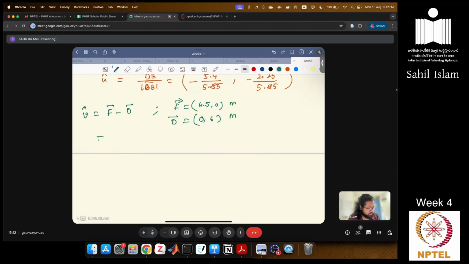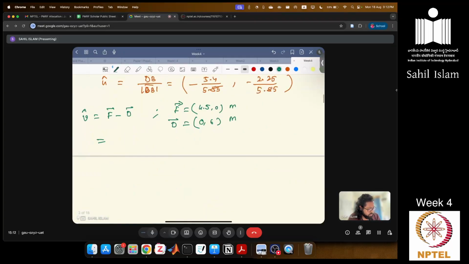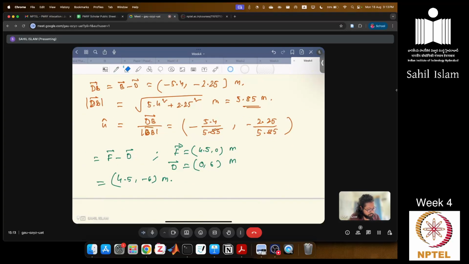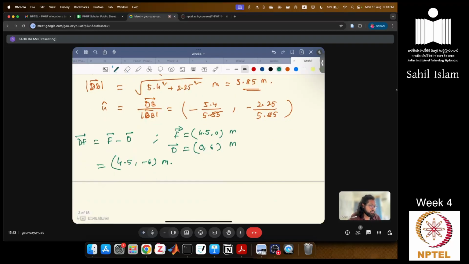So F minus D is 4.5 comma minus 6 meter. No, sorry, not v cap, it is vector DF. Fine.